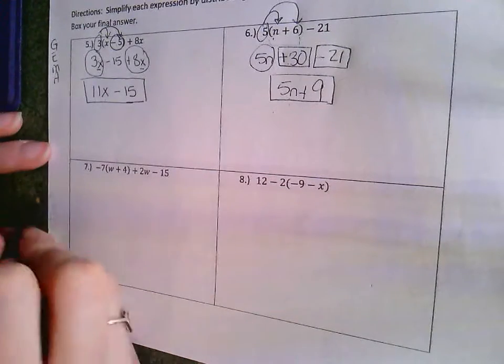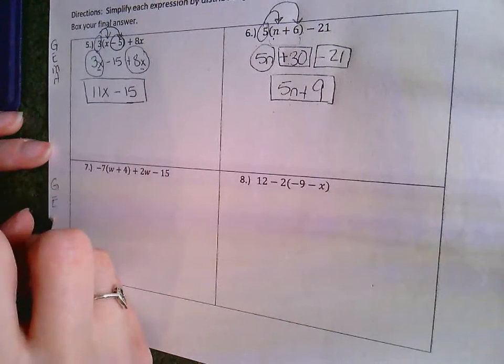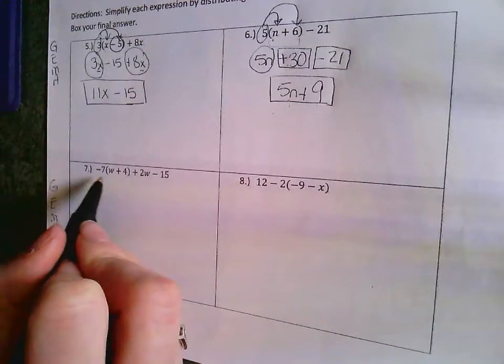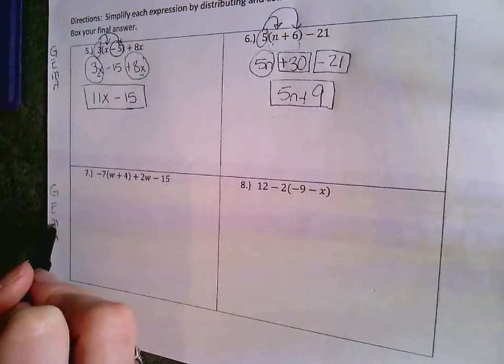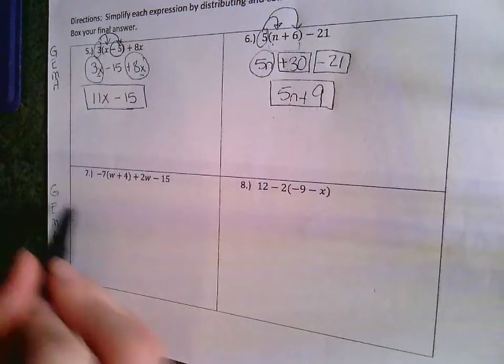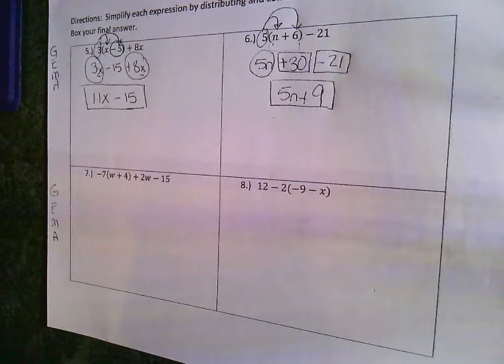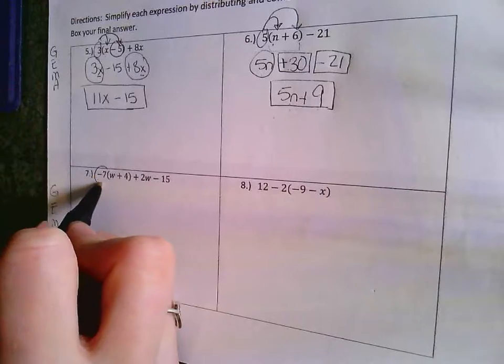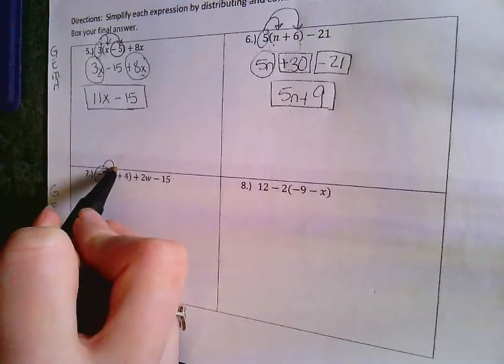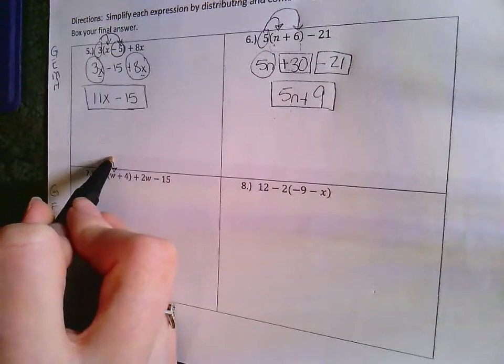Following GEMMA again, I see that for my groupings, nothing can be grouped. There's no exponent, so I'm going to go ahead and go to multiplication. And in multiplication, what will I do first? First, I'm going to distribute. I'm going to distribute this -7 to my w and to my 4.